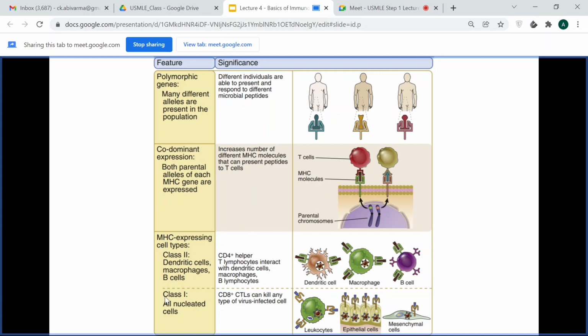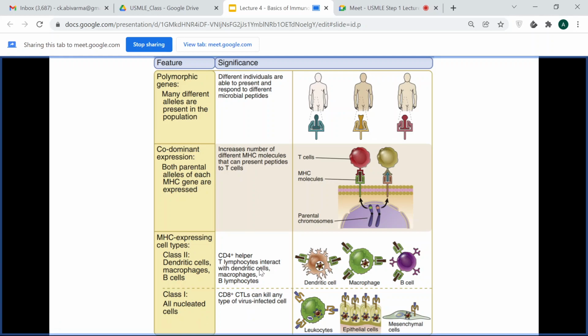So these are the different types of cells that express MHC class 1 versus class 2. When you think of MHC class 1, you need to keep in mind that all nucleated cells will be expressing this protein on their cell surface. That is a fact. All nucleated cells.